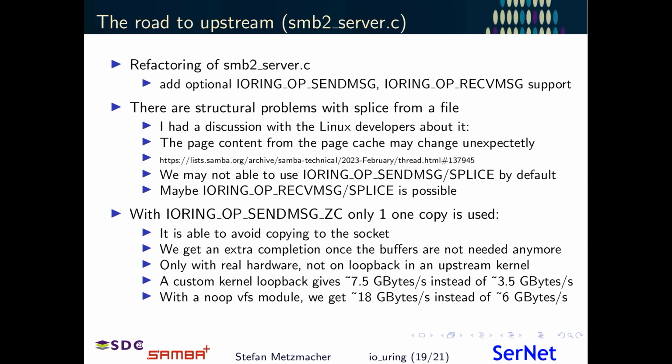And with that, the boundary between the buffer and the socket is changed from 6 gigabytes per second to 18 gigabytes per second. So the bottleneck is really the file system, and the infrastructure with the send message zero copy is very good to use.